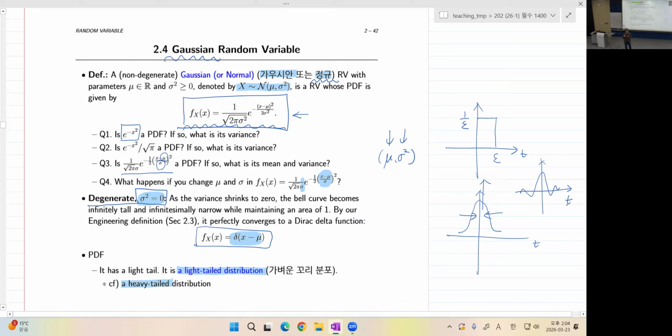It's a limit of a rectangular pulse. No, that is not true. That is a very simple way to understand what is a Dirac delta function, but that's totally wrong. So any pulse with finite integral shrunk in the time domain can serve as a Dirac delta function.